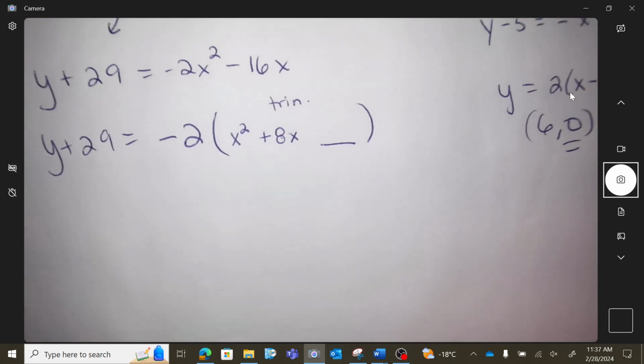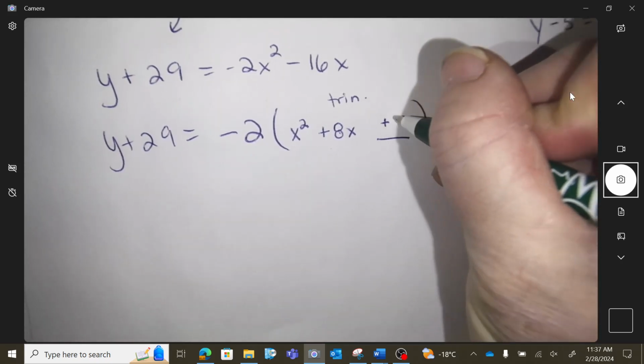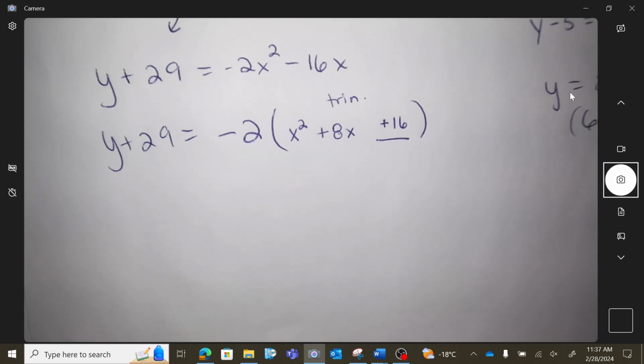So what are the things you're doing in your head to get that last number? You got to do something and something, remember? Half squared is a 16. Half squared.